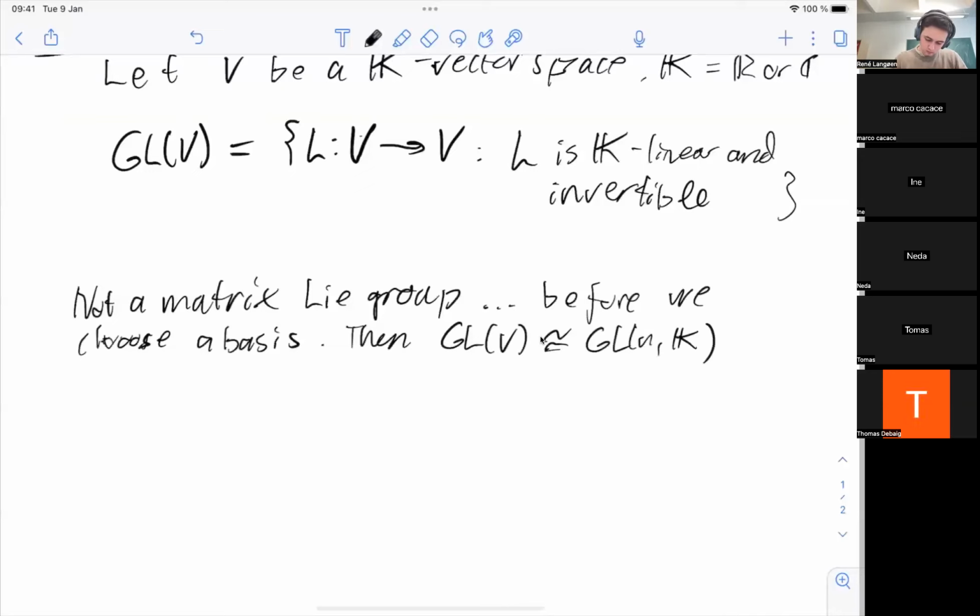So after we've chosen a basis, then this is GL(n, K) where n is the dimension of V. So this goes a bit outside of our definition, but not quite so far. And we were going to treat this GL(V) basically as a matrix Lie group, but we're going to try to not pick a basis as much as possible.